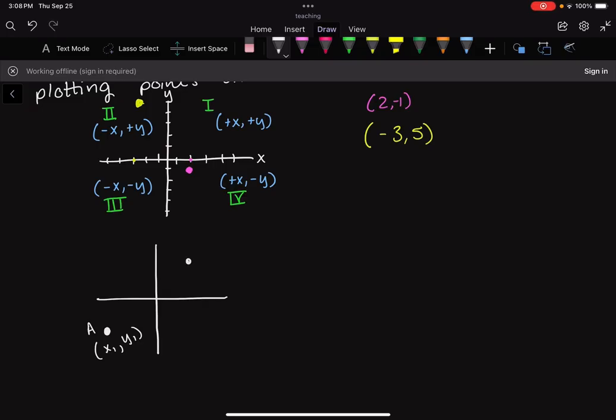Then I have a point B, and let's call this one (x2, y2). What we're going to work with is the distance formula and also the midpoint. So that's what we're starting right now, and then we're going to connect that into circles.